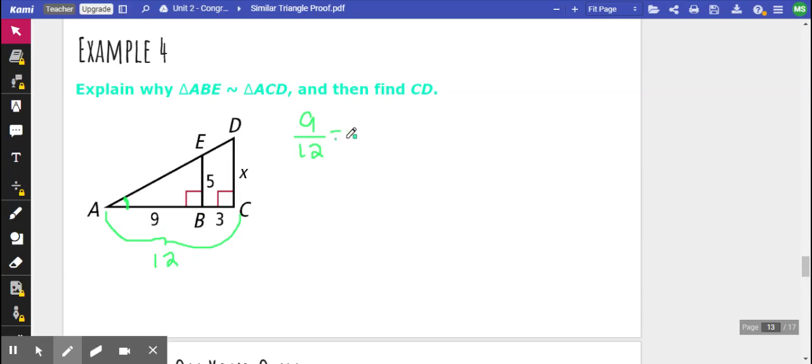And then since we are going small to big, it would be 5 compared to that other flat side of x. And now when we're solving a proportion, the best way to do it is by cross multiplying. So I would do x times 9 and 12 times 5 on separate sides of my equal sign.